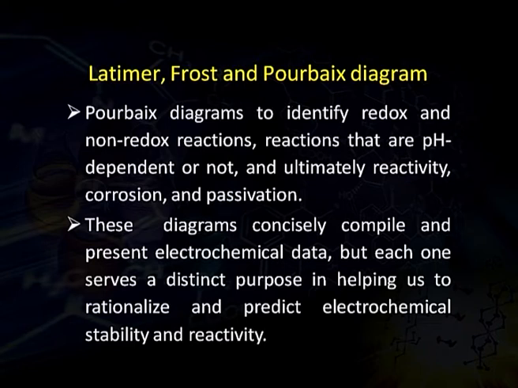These diagrams, namely Latimer, Frost and Pourbaix diagrams, concisely compile and present electrochemical data, but each one serves a distinct purpose in helping us to rationalize and predict electrochemical stability and reactivity.